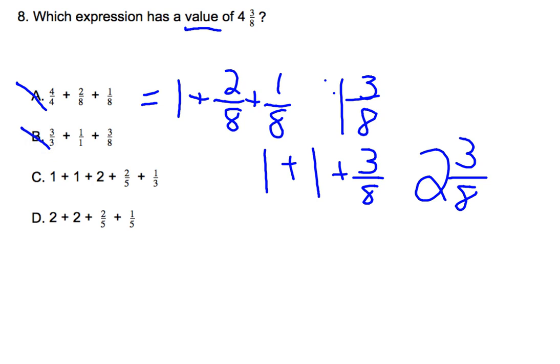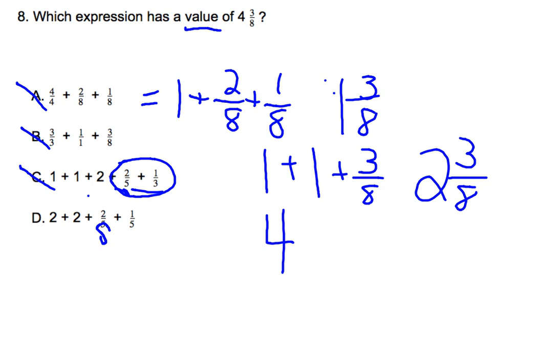Choice C is 1 plus 1 is 2. 2 plus 2 is 4. So we have 4, but this is not possible because the denominator has to be 8. And right now we have fifths and thirds. So choice C is out. And I see a typo here that these denominators need to be 8s.